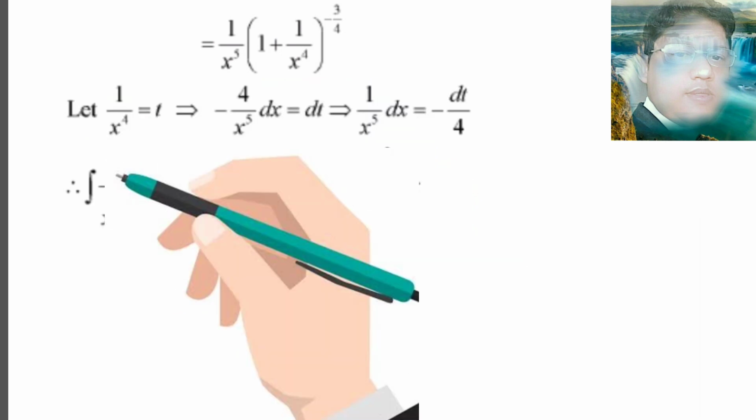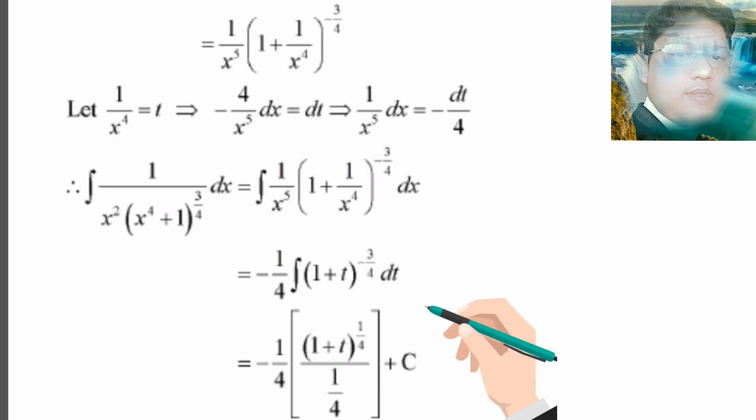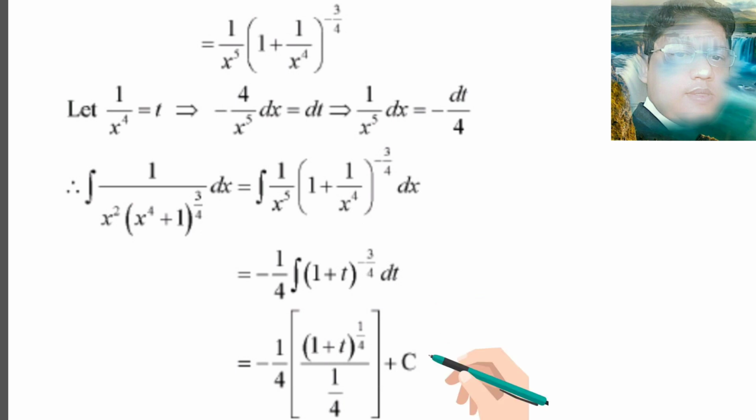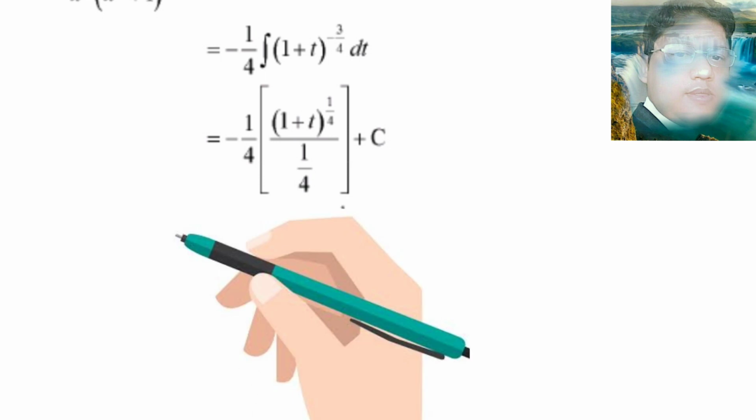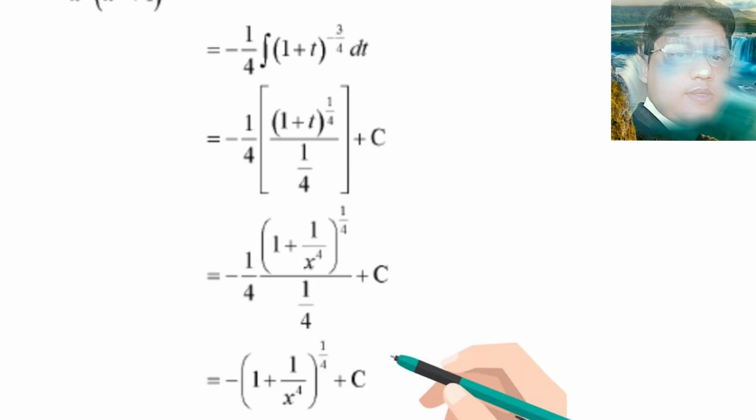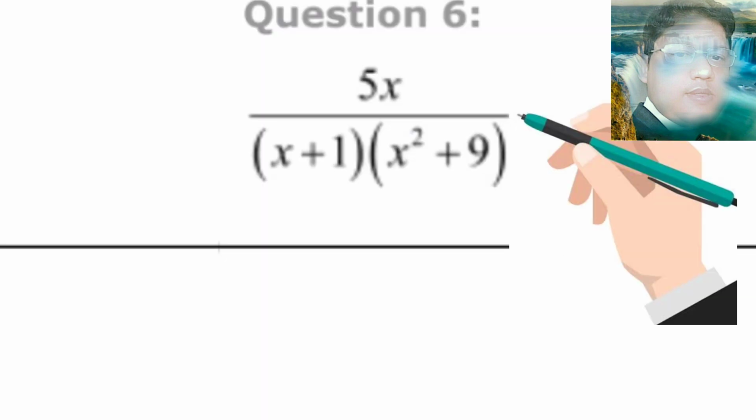So I take 1 plus 1 upon x square power 4 equal to t and differentiate, then I get these equations. So my students, if I substitute the value here, then I will get the integration of minus 1 upon 4, 1 plus t power minus 3 upon 4. After that, if I put back the value instead of t, then I get the answer.